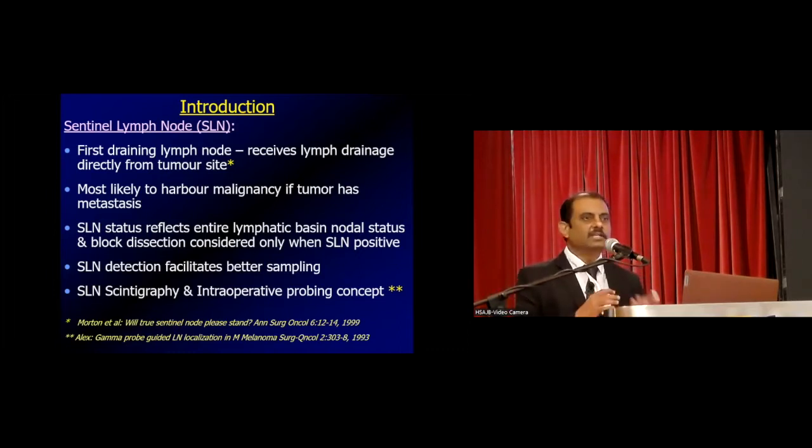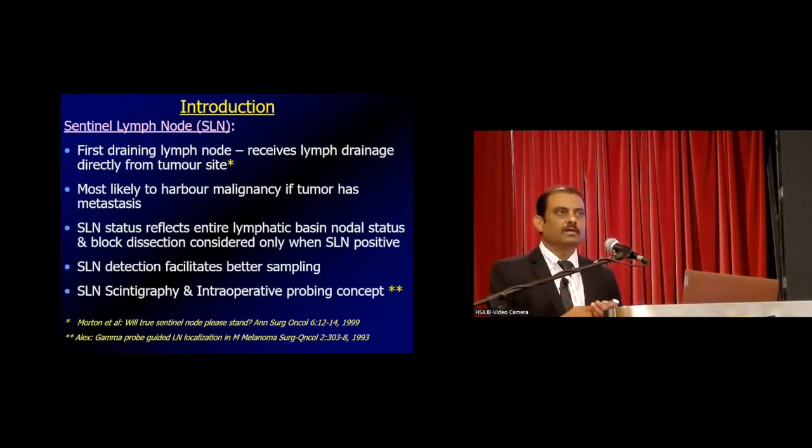That means 80% of the time what we are doing as a lymph node dissection is only a wasted procedure, producing more morbidity to the patient. So a sentinel lymph node becomes very attractive if you can identify, take out the node and prove that there is no malignancy. You can go ahead with just a tumor removal and no lymph node dissection. That is the concept of sentinel lymph node imaging and biopsy.